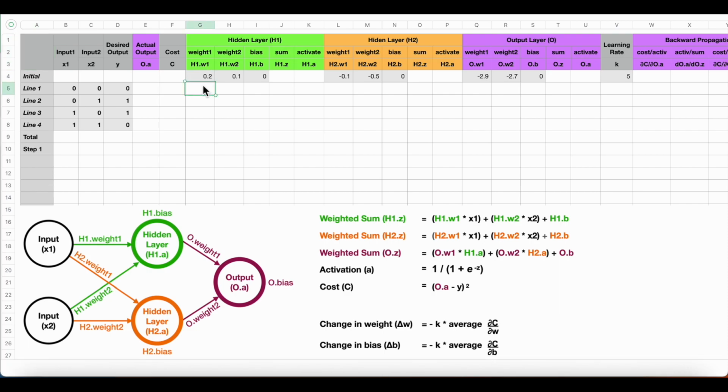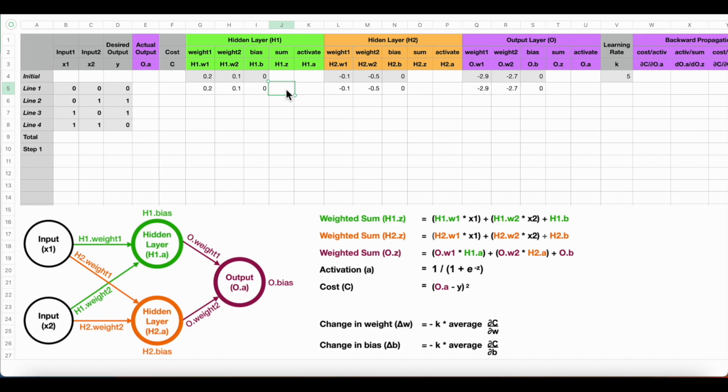So let's start off by copying the initial weights and biases. I'll point to that first one and then copy and paste it, and then do the same thing for H2 and the output.